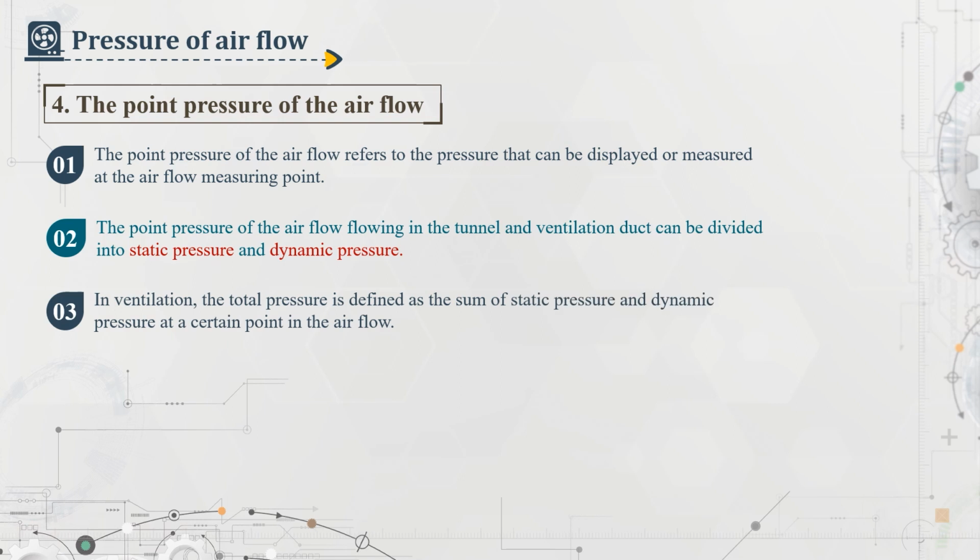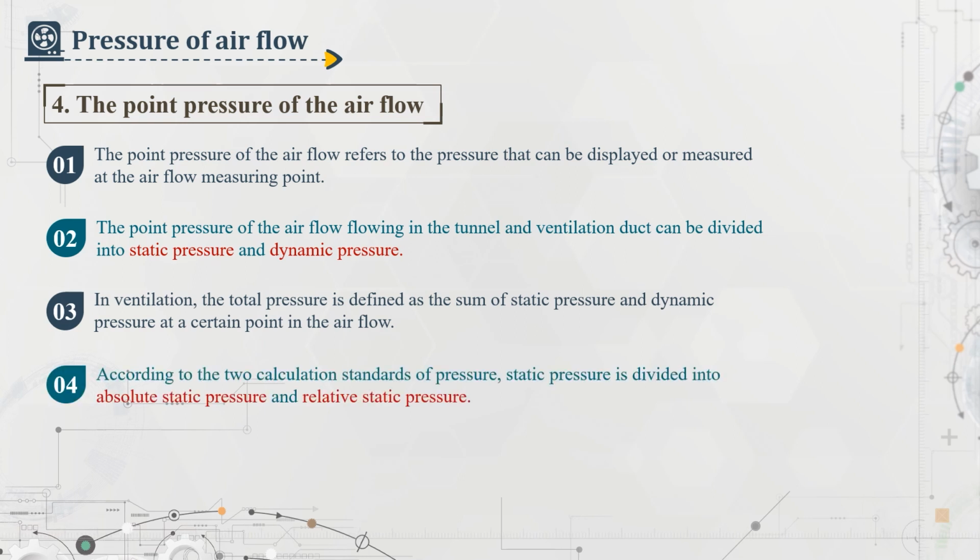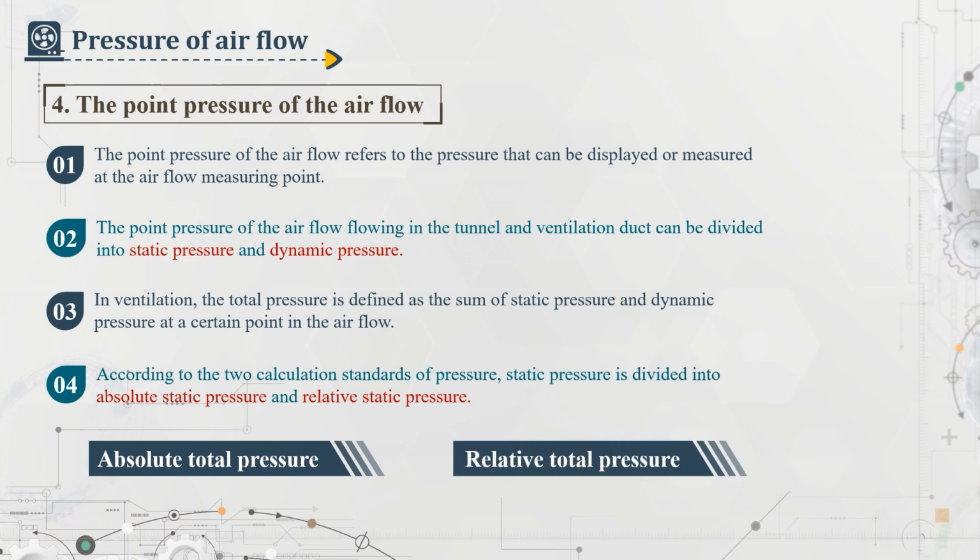In ventilation, the total pressure is defined as the sum of static pressure and dynamic pressure at a certain point in the airflow. According to the two calculation standards of pressure, static pressure is divided into absolute static pressure and relative static pressure. Therefore, the total pressure can also be divided into absolute total pressure and relative total pressure.